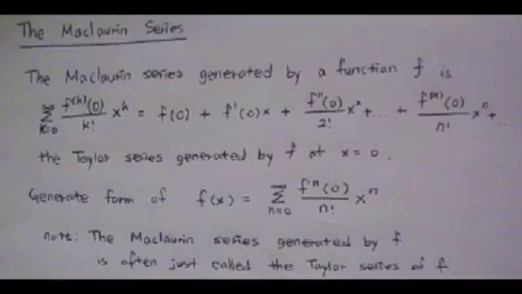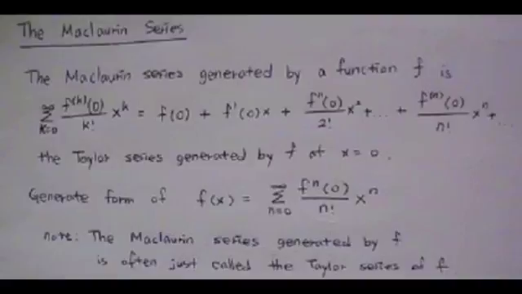Now we move on to the Maclaurin series, which is the Taylor series generated by a function at x equals 0. So the function is the sum from k equals 0 to infinity of f^(k)(0) x to the power of k over k factorial, which is f(0) plus f'(0)x plus f''(0)x squared over 2 factorial, plus f^(n)(0)x to the power of n over n factorial.